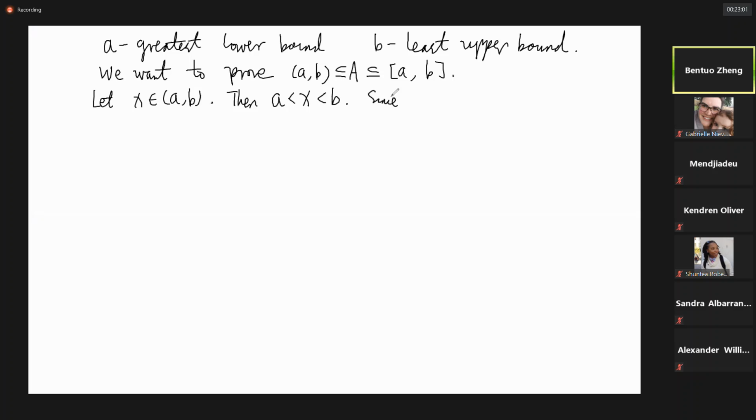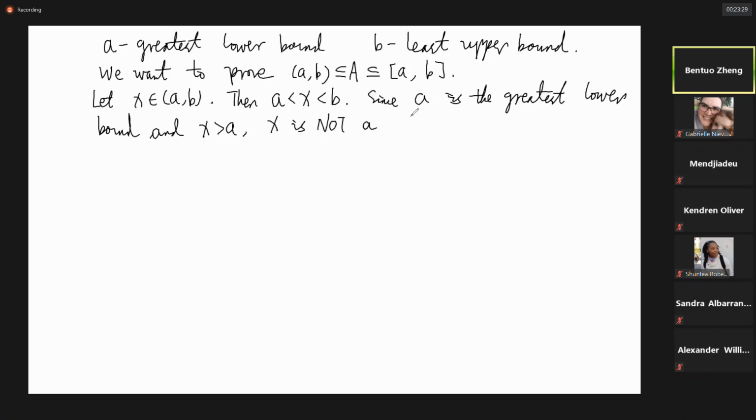Since a is the greatest lower bound and x is greater than a, this tells you x is not a lower bound for A, because x is a number greater than a, and a is already the greatest lower bound.